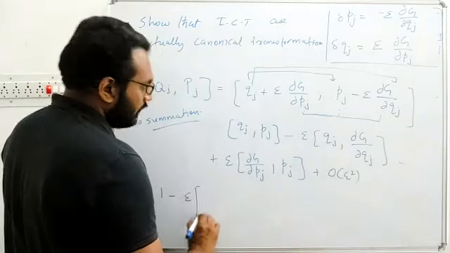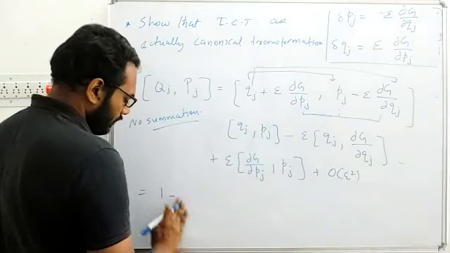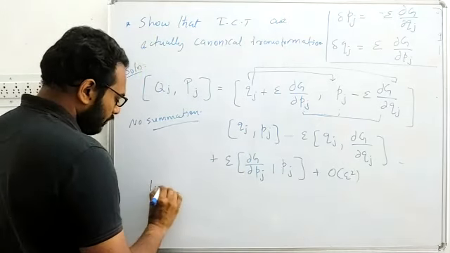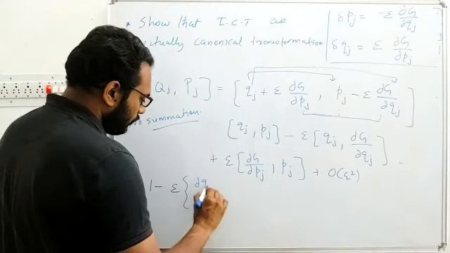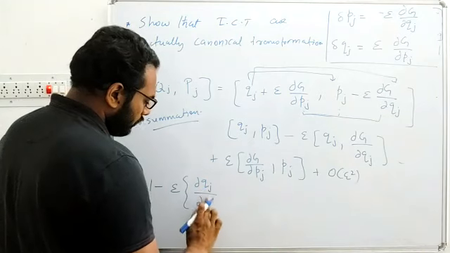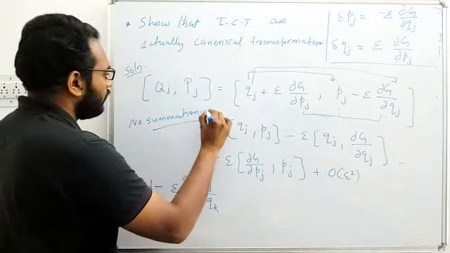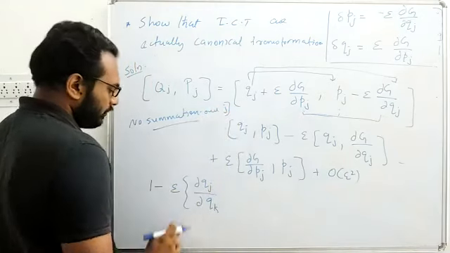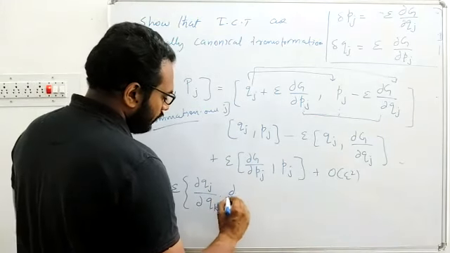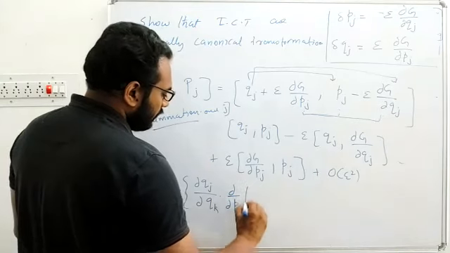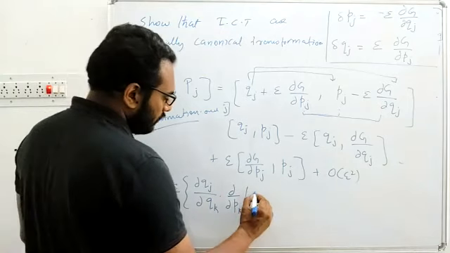Now this Poisson bracket you will have to expand. You write it as ∂qj/∂qk, there's a summation over k but no summation over j, multiplied by ∂/∂pk of. We are just using the fundamental definition of the Poisson bracket.